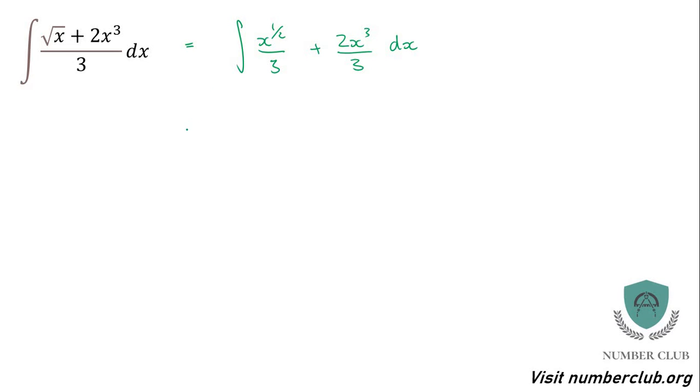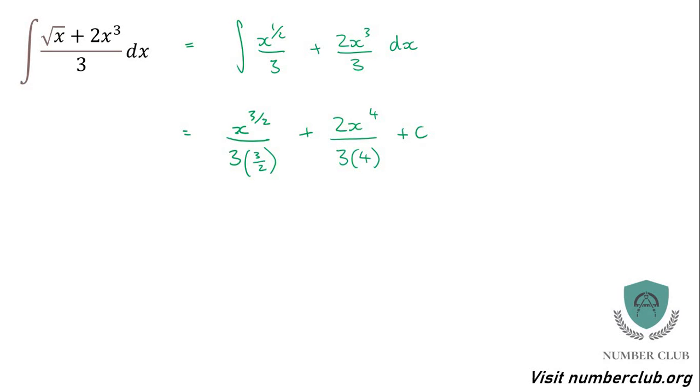Now we're going to integrate, and so what we'll get will be add 1 to the power, divide by the new power, so we'll have over 3 lots of 3 over 2, plus add 1 to the power, divide by the new power, plus c.